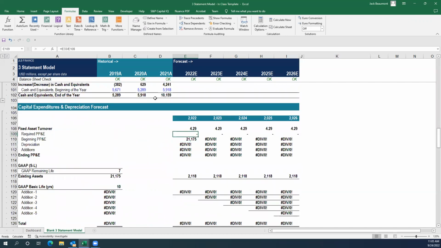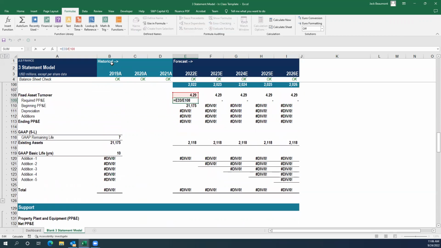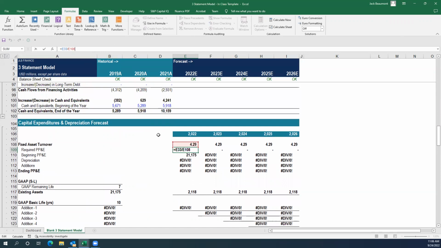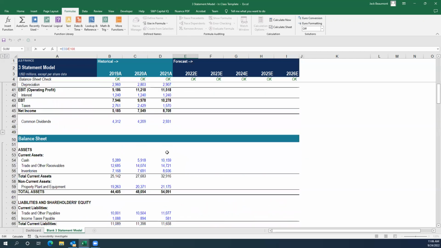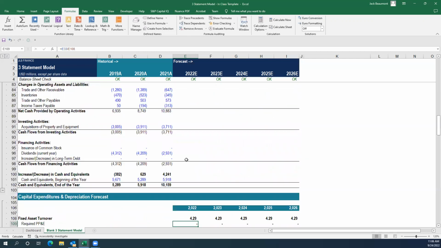So it hasn't quite yet. So that divided by beginning. Okay, so all right. So beginning is here, and required should be that divided by, okay, because we haven't put in revenue.